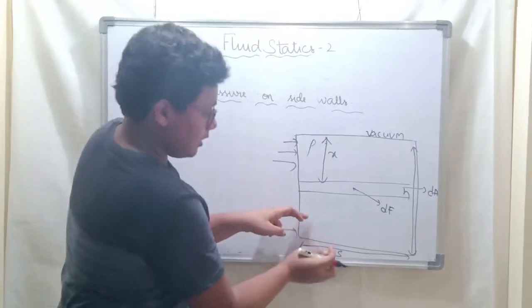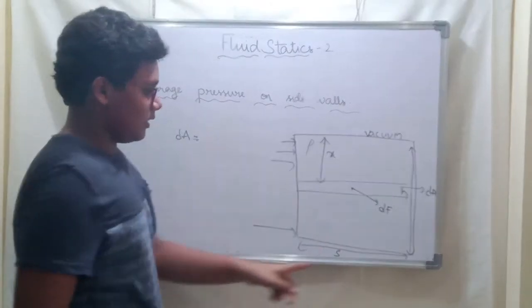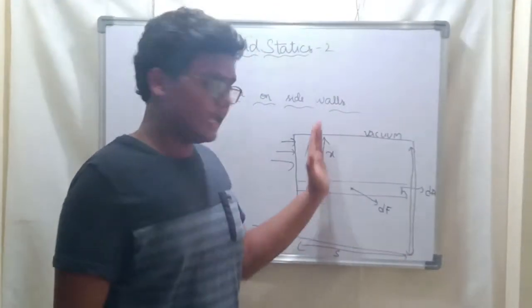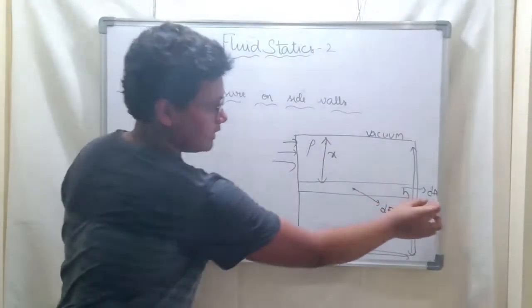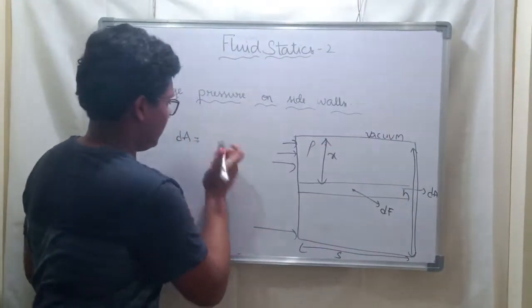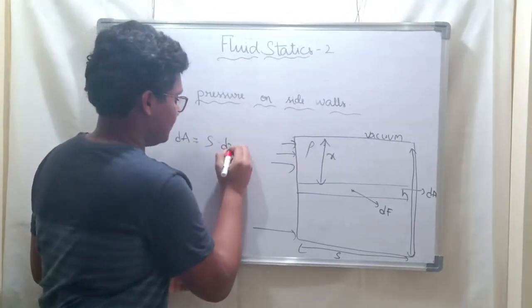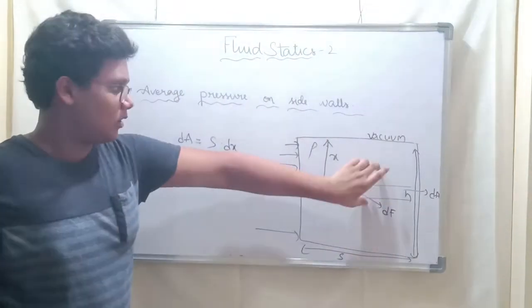We know that it is s into dx. For this area, dA is the length s into dx, the area of this part.